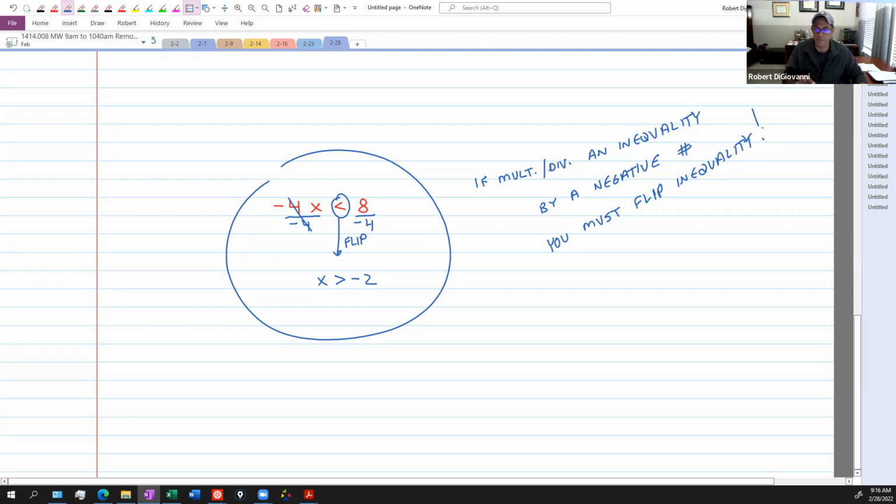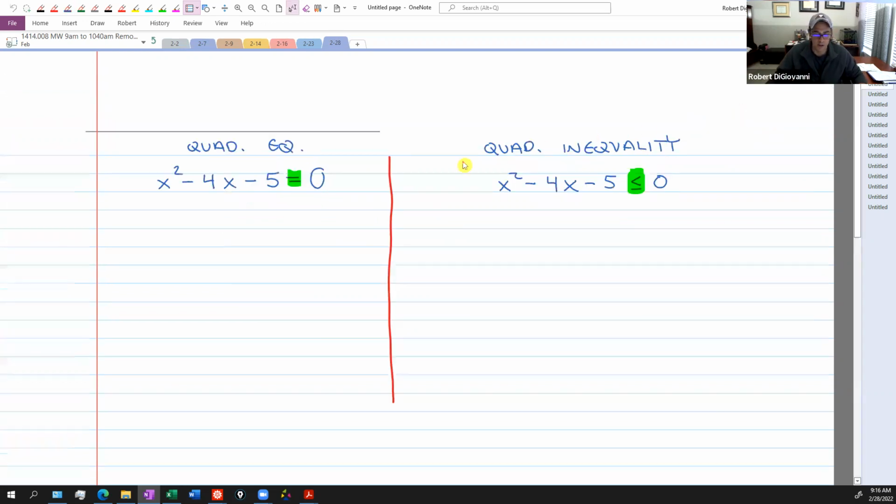Okay, ready to do the quadratics? Quadratics are different, all right? So let's start out first by recognizing the difference between the quadratic equation and the quadratic inequality. This is a quadratic equation, and this is a quadratic inequality. This first one says, for what values of x is this equal to 0?